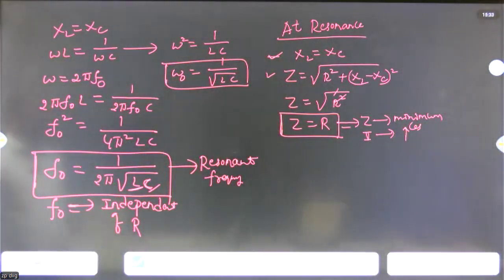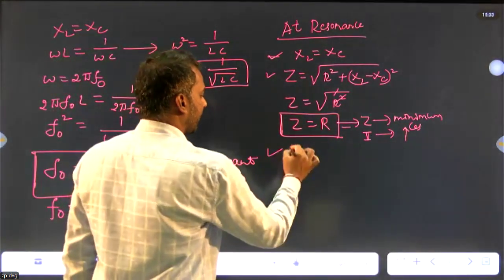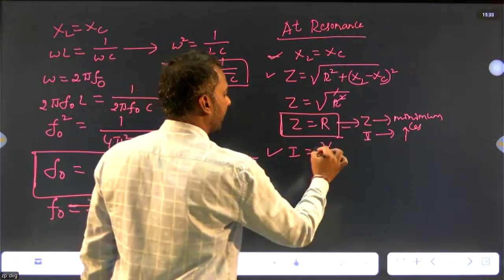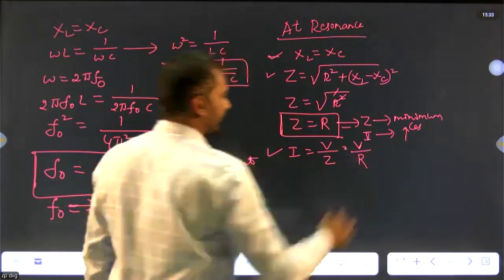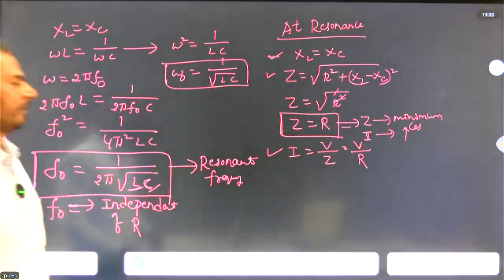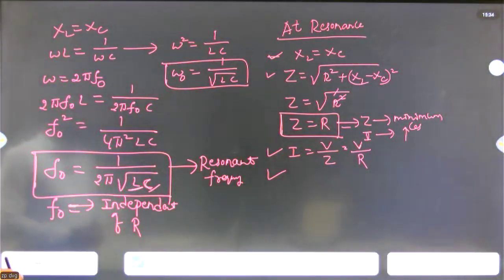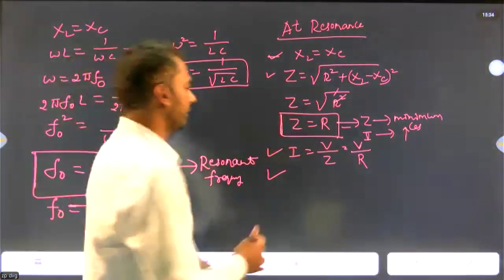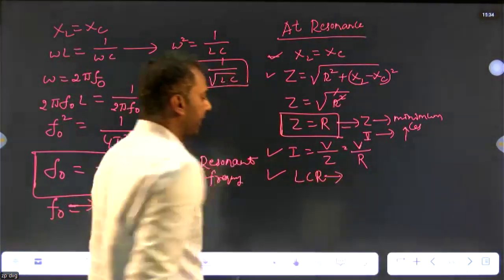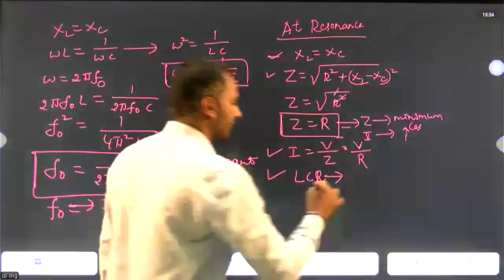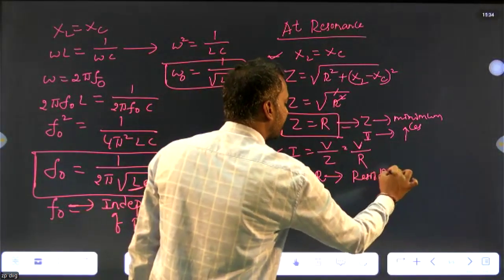Z is equal to R. Then the expression for current, I is equal to V by Z, where Z is equal to R. Now, what is the phase difference between resultant voltage and current? If Z is equal to R, the series LCR circuit behaves like a purely resistive circuit.